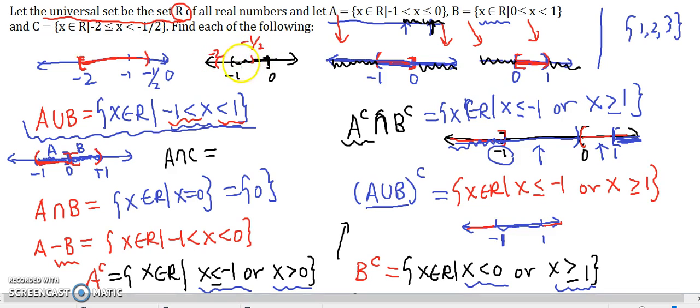The intersection is the part with two colors right here, both black and red. So we describe it as x is between -1 and -1/2. Pay attention to the endpoints. The endpoint -1/2 is not in C, so it won't be in the intersection. Negative 1 is not in A, so it won't be in the intersection, because in an intersection it has to be in both.